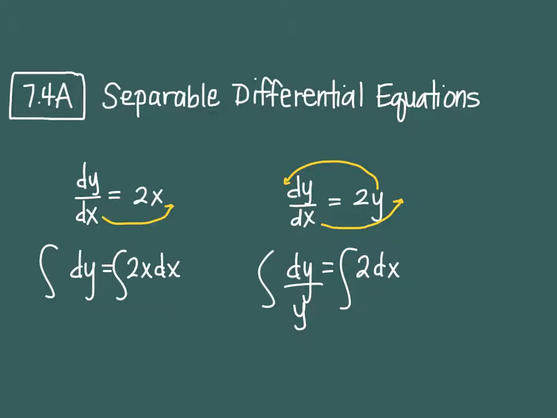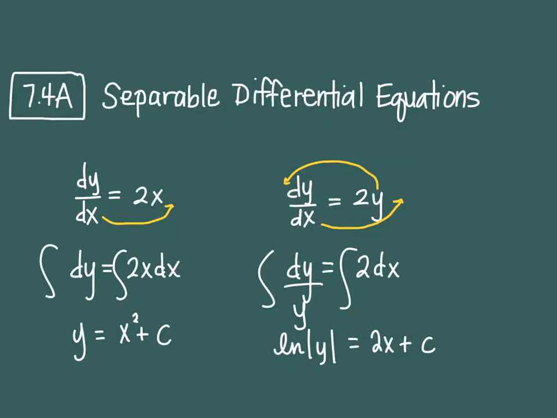For the first question, when we integrate dy, we get regular y, and when we integrate 2x dx, we get x squared plus c. On the other side, when we integrate dy over y, we get the natural log of the absolute value of y, and that's equal to 2x plus c.